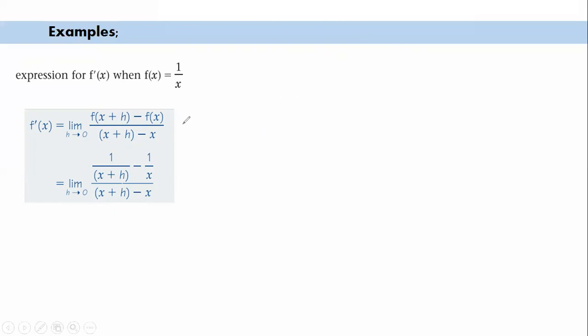Now, when we substitute 1 over x into the function, we get 1 over x for f(x), and when you substitute x plus h into the function, we get 1 over (x plus h), divided by (x plus h) minus x.